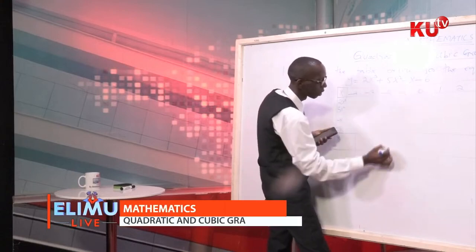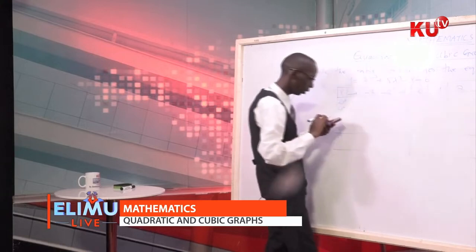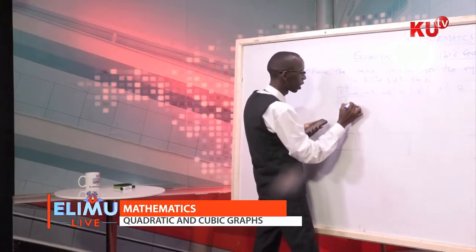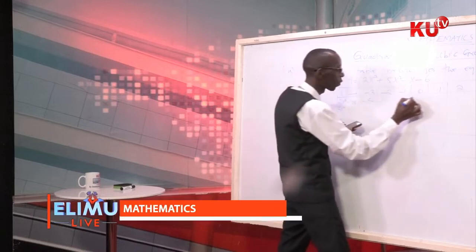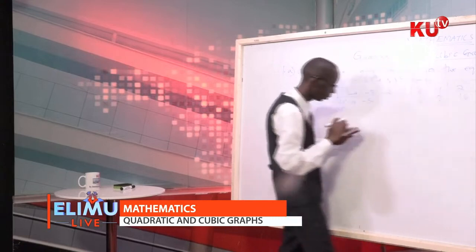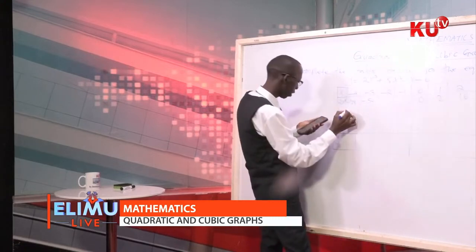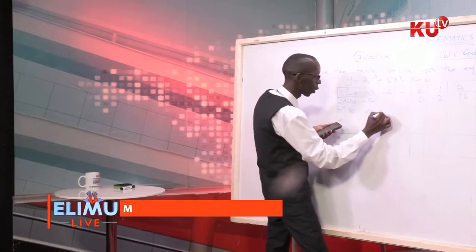So we are told to complete the table. There are those values that you are already given. Let us see them. We have -128 there, -54, we have 0, we have 2, we have 16.